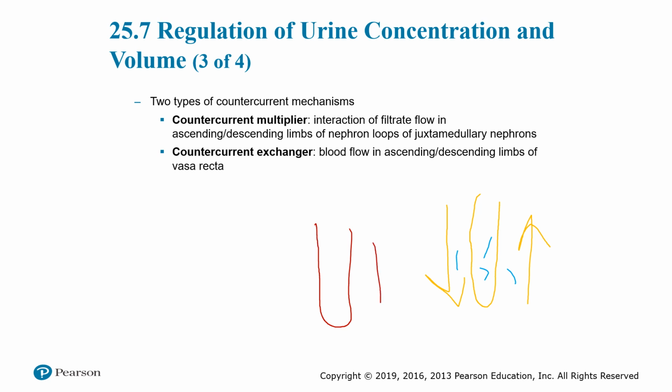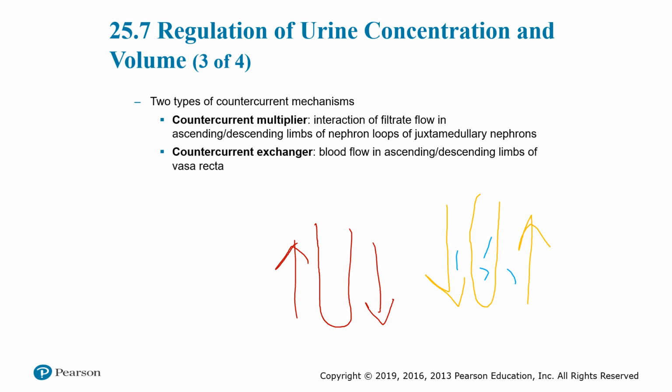So over here it is coming down, and then in the venous part, it is going back. So this maintains the concentration gradient which is created by this system. So this system creates the concentration gradient to concentrate the filtrate, and then this system maintains it, in a way it keeps that concentration gradient present there.